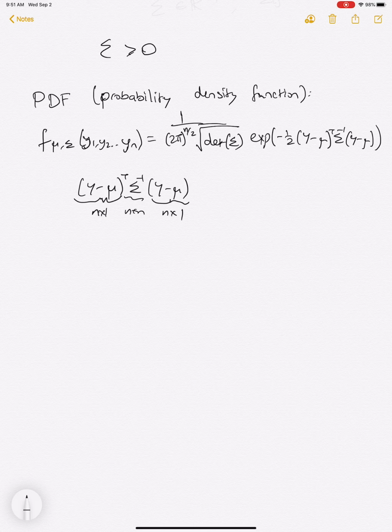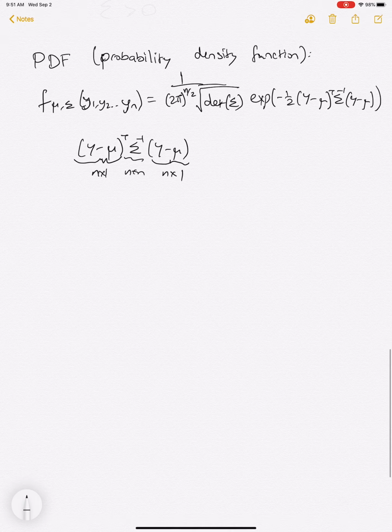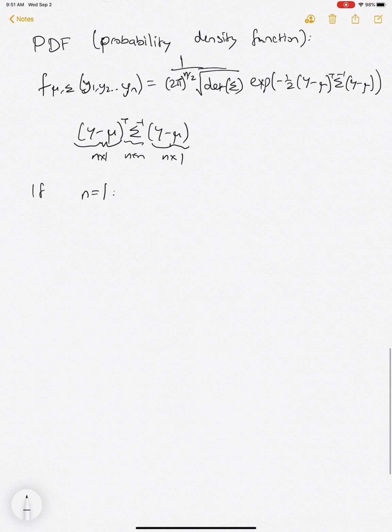And so it's a pretty simple extension of the univariate case. Recall that if n equals 1, there are two parameters here, mu and sigma squared. Where we see the determinant of the covariance matrix, we're instead just going to have 1 over the square root of sigma squared here, not sigma.